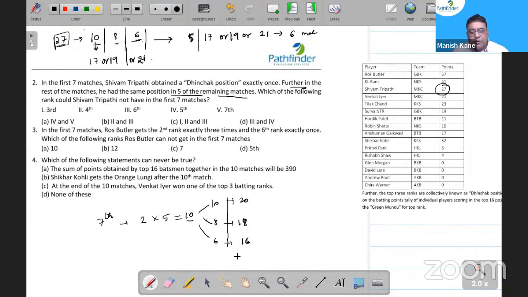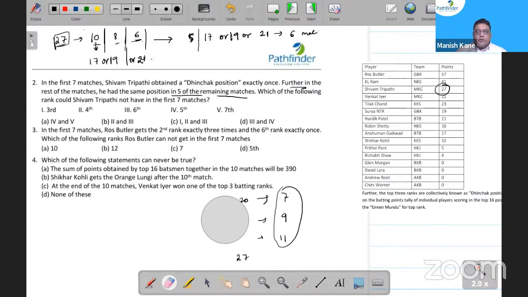So he has to have a total of 27. So what is the balance he has to get? 7, 9, and 11. And he can't get any of these scores in one match. Clear? So what does this mean now? He could not have got 2 points in each of the 5 matches. That means he could not have had rank 7.